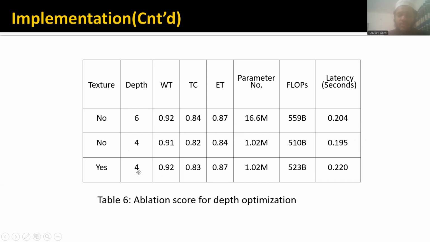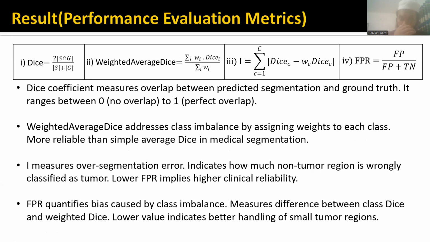Then again, when we applied the texture block with the reduced depth, the result is up to the mark again, and the parameter count and floating point operations are much less than the base architecture.